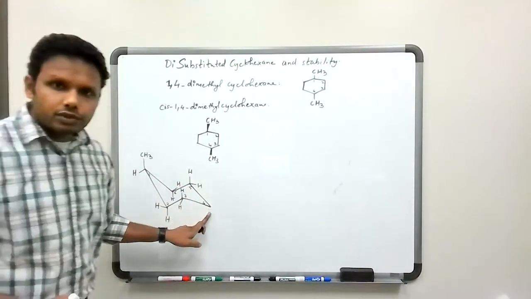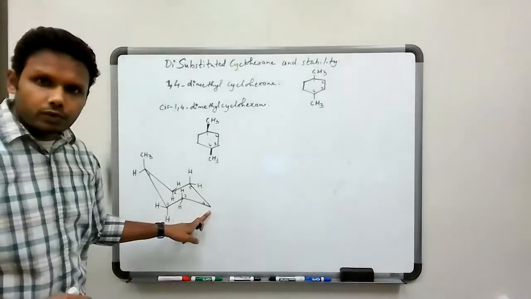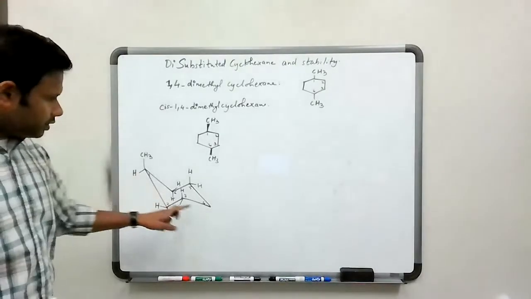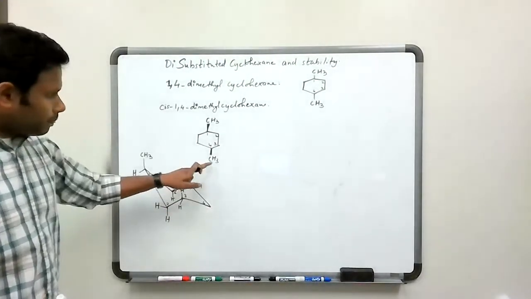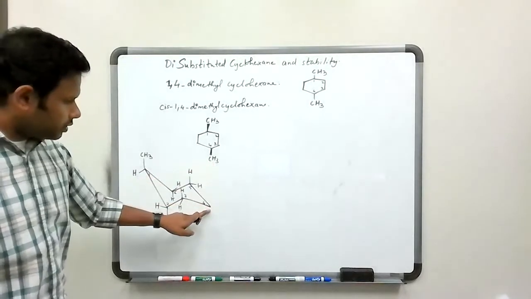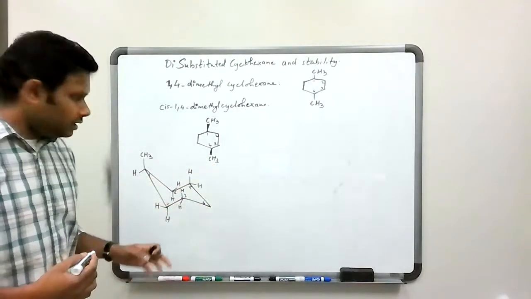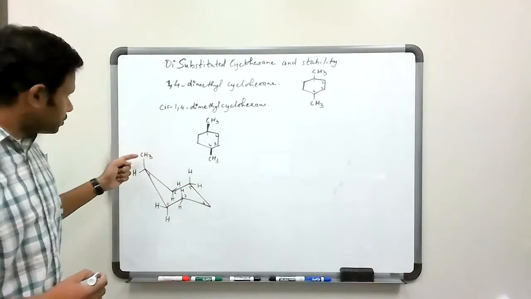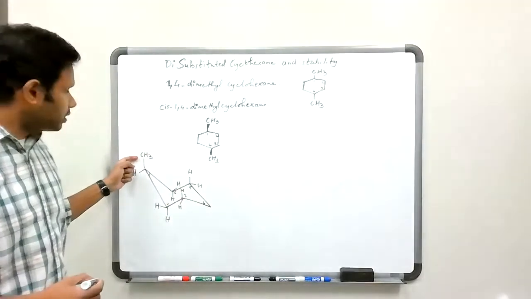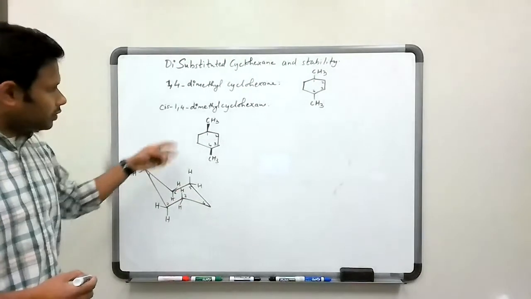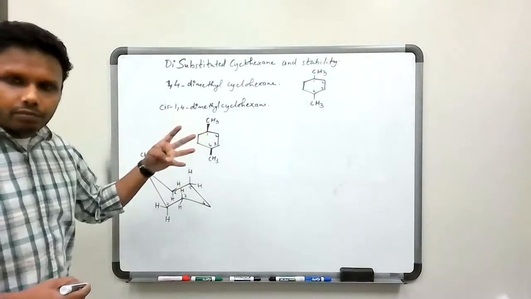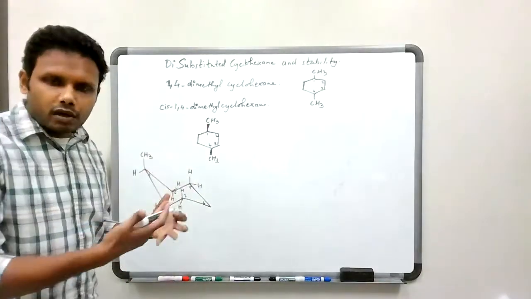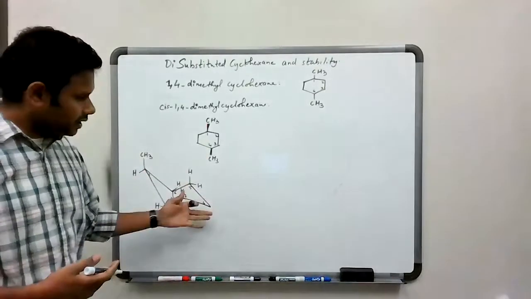And then we come to carbon number 4. Now, the methyl group on carbon number 4 must be cis to the methyl group on carbon number 1. And notice how they're both pointing up. So I think you could use that as a marker for where you put the second one.